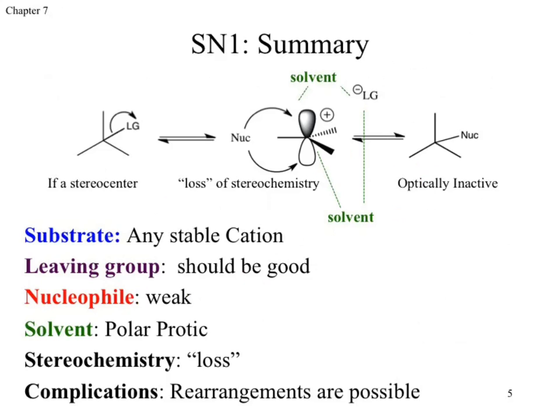The solvent will be polar protic. The reason it's going to be polar protic, our primary thing to be concerned about in the SN1 mechanism was what? The stability of the carbocation. Why would a polar protic solvent work best to stabilize the carbocation? If we look at our classic example of a protic solvent, we've got water.